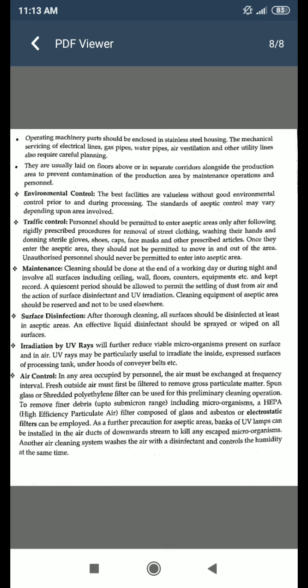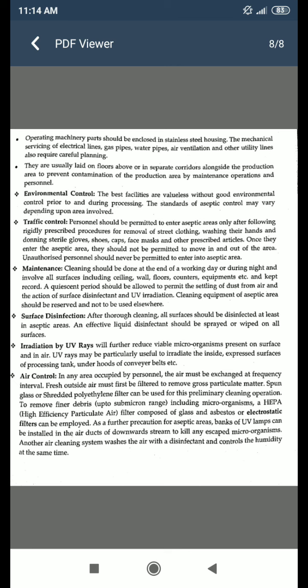First is environmental control. The best facilities are valueless without good environmental control prior to and during processing. The standards of aseptic control may vary depending upon the area involved. Then traffic control. Personnel should be permitted to enter the aseptic area only after following rigidly prescribed procedures for removal of street clothing, washing their hands and donning sterile gloves, shoes, caps, face masks and other prescribed articles.